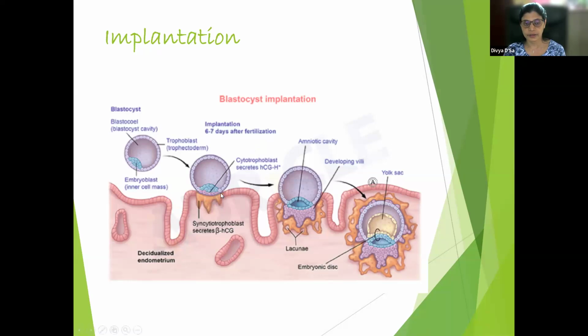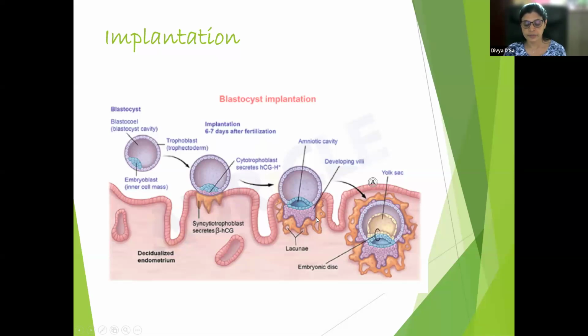As it is taken inside, the trophoblast cells divide by mitotic division and form a new layer of cells called the syncytial trophoblast. The syncytial trophoblast causes further invasion of the endometrium with the help of secreted proteolytic enzymes.